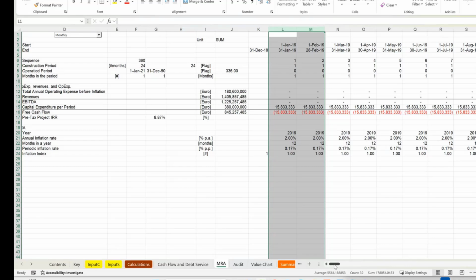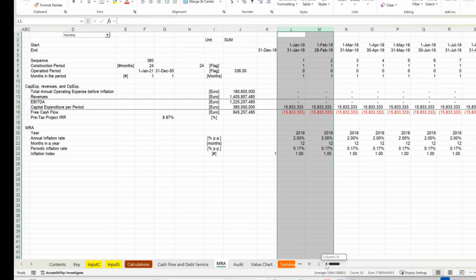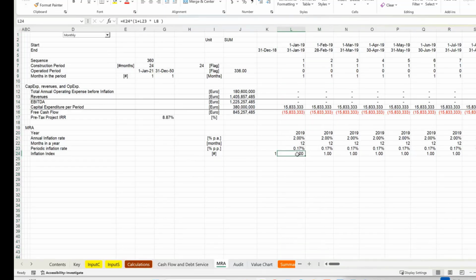Can I debate that with you for just a second for my own clarity? Absolutely, please. So if you accrued inflation, as opposed to compounding it, you're still going to get the same value at the end of the year, are you not? I think so. Let's say we give everybody a raise at the end of the year.